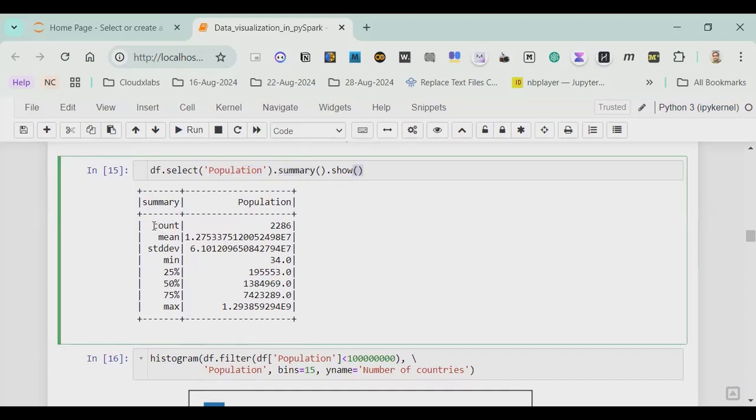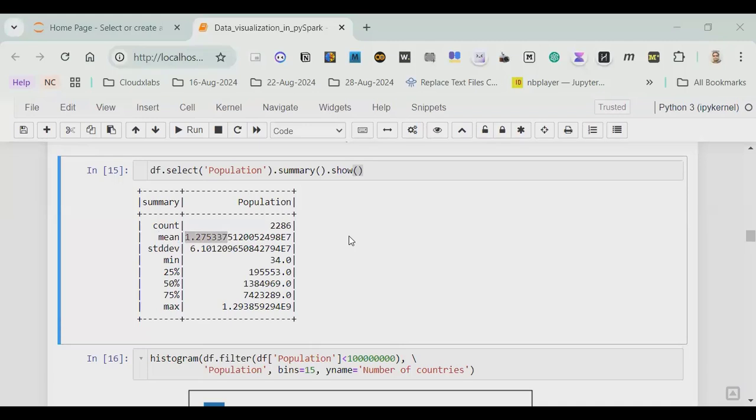Now what is it giving? First it gives count. For population, there are 2286 values. How many values are there? 2286 total, total rows in the general sense. Second thing is average. The average population we got is 1.275.